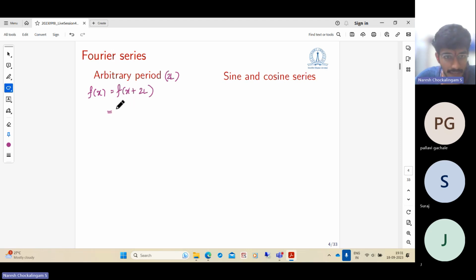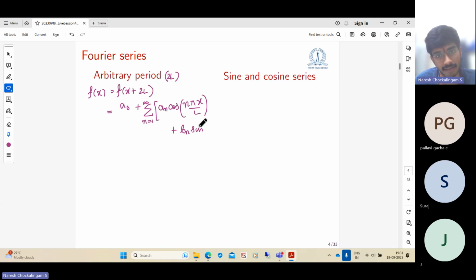In that case, you express the Fourier series as f of x is equal to a naught plus summation n equal to 1 to infinity of an cos, it is a 2L periodic function, so in place of pi, you need to get L. Therefore, it is n pi x by L. So when x is equal to L, you get cos n pi. So that is exactly the same. It is only a change of variable, plus bn sine n pi x by L.